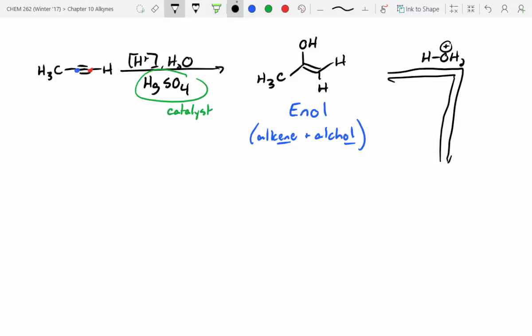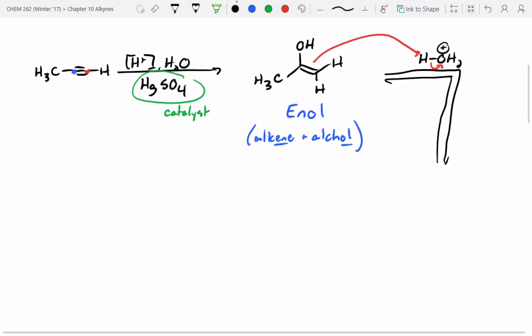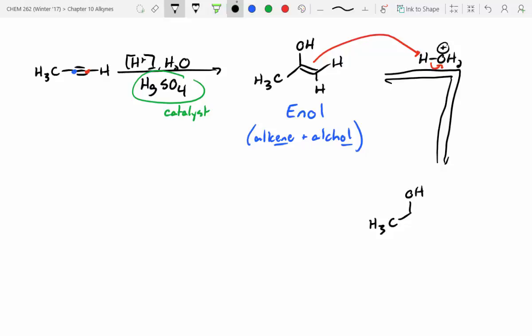So what do you guys think might happen if we've got an alkene and acid around? Yeah, we're going to protonate the alkene. So then the question becomes, which carbon will carry the positive charge? So I'll give you guys a minute to think about this, but let's try to come up with both options. And then once you think you got it, check with your neighbor, and I'll draw out both options.